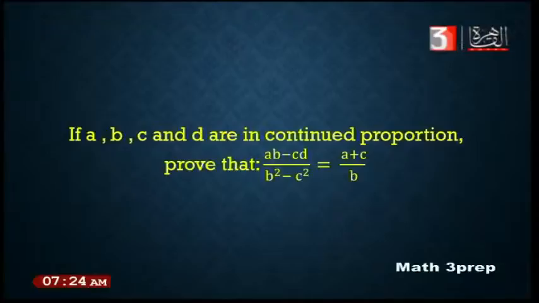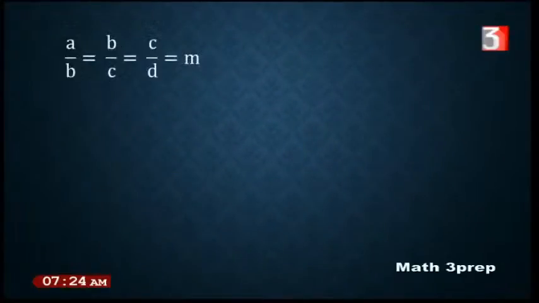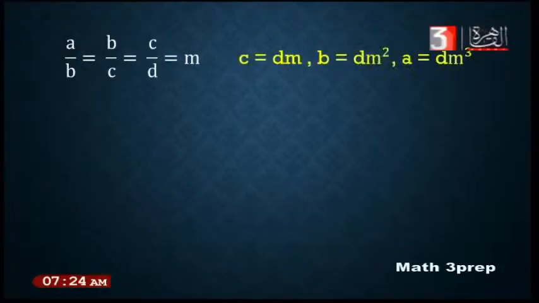First of all, as a, b, c, and d are in continued proportion, so a over b equals b over c equals c over d equals constant m. And by making cross multiplication, you are going to deduce that c equals dm, b equals dm to the power of 2, and a equals dm to the power of 3.